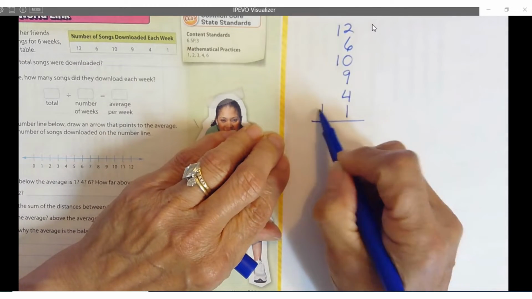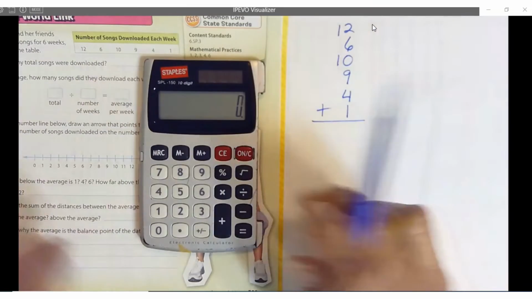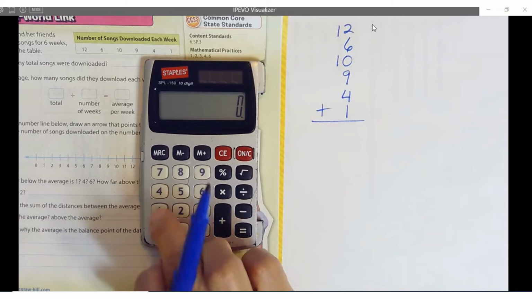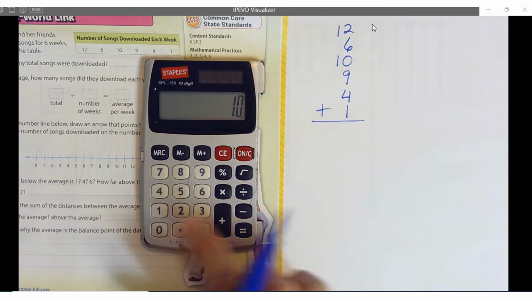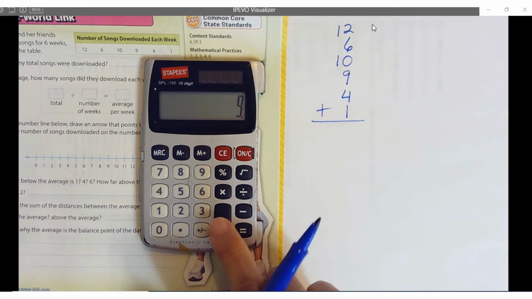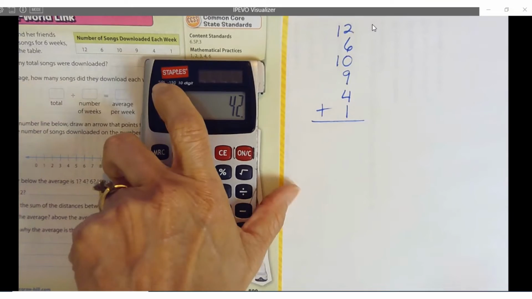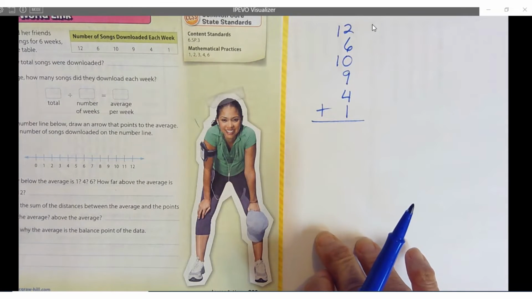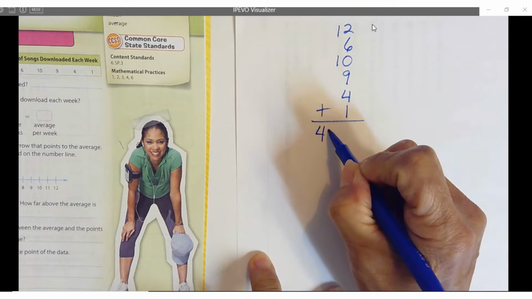We're adding these up. I can use my calculator to make it faster. I have 12 plus 6 plus 10 plus 9 plus 4 plus 1 equals 42 songs. So they downloaded 42 songs.